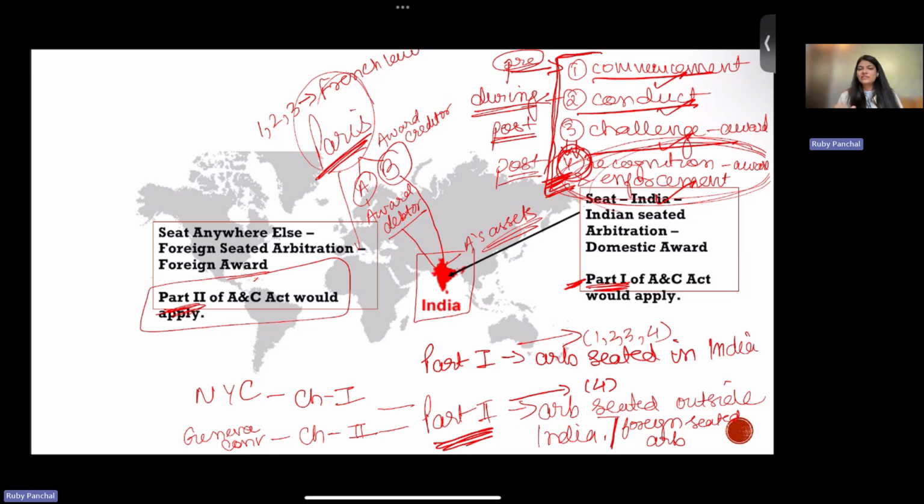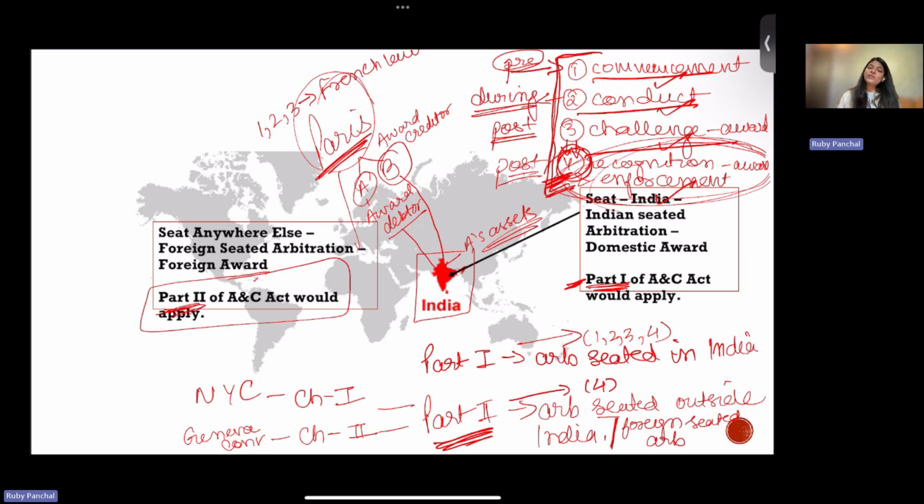So a simple thumb rule, a simple takeaway so far, is for Indian seated arbitrations, Part 1 would apply. Part 1 provides for commencement, conduct of the proceedings, and challenge and enforcement of the arbitral awards. If arbitration is seated anywhere outside India, then Part 2 would apply.